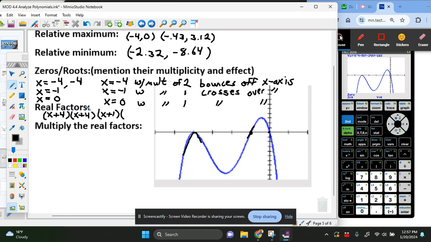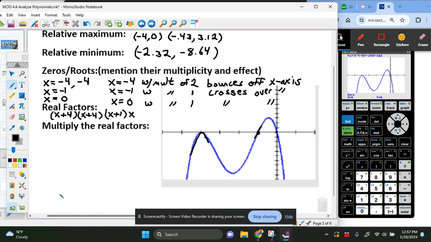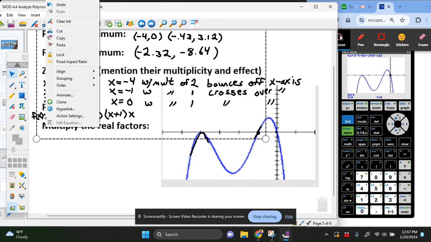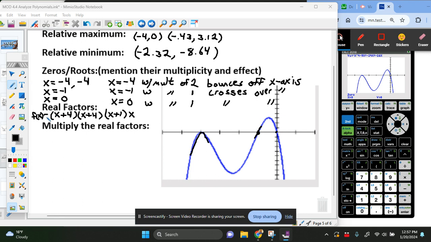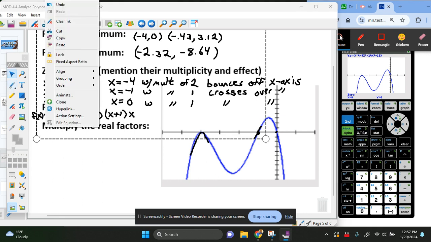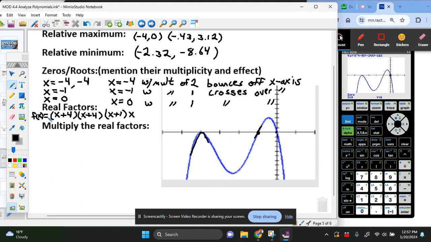And for x equals 0, I guess I don't need parentheses on this one; we would just have x. All right, so here's all of our factors. There is our function factored out. So we should be able to remultiply these and come up with the original function.